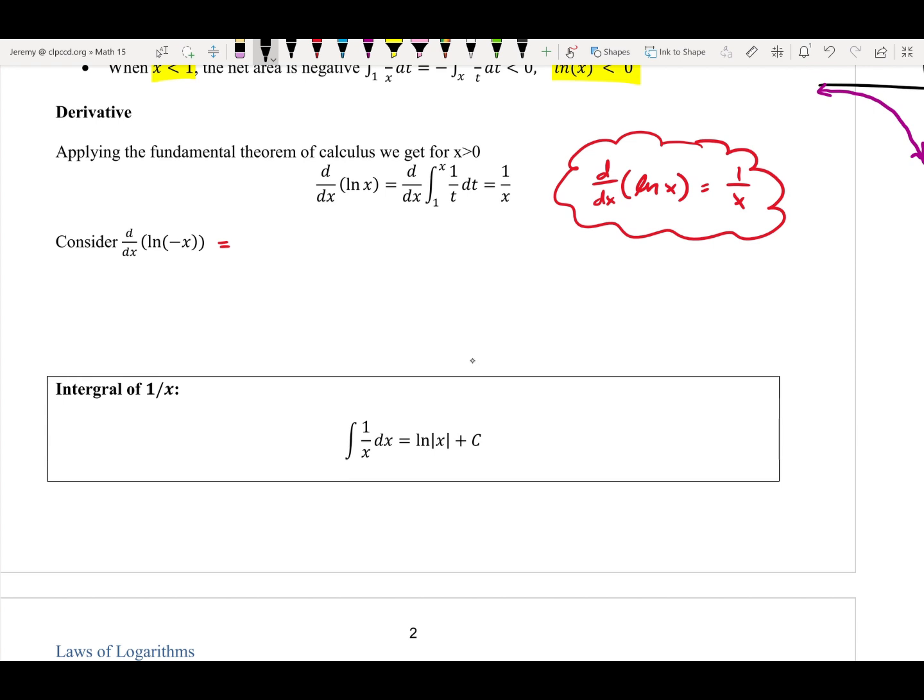So first, we'll take the derivative of the outer function around the inner function, and then multiply by the derivative of the inner function. The derivative of the inner function, the derivative of negative x, would just be negative 1. So this just equals 1 over x as well. We just have to bear in mind that the domain of natural log of negative x, the input values for that, are just going to be negative infinity up to 0.